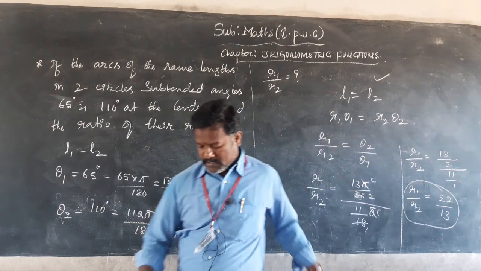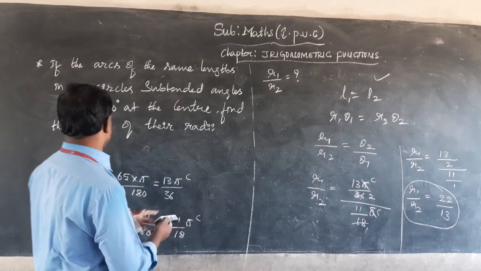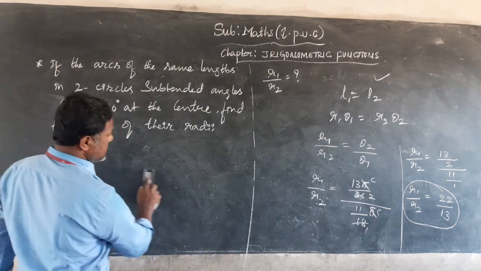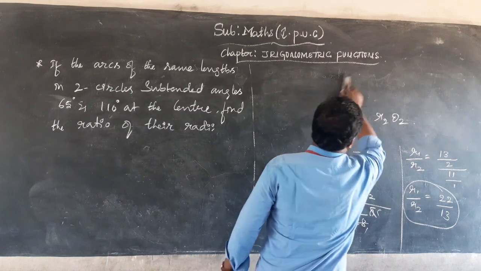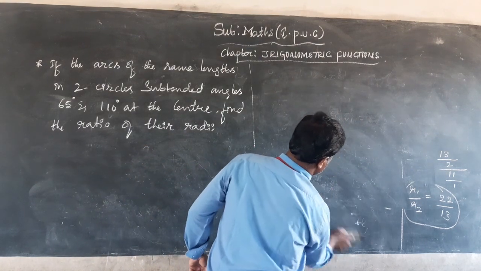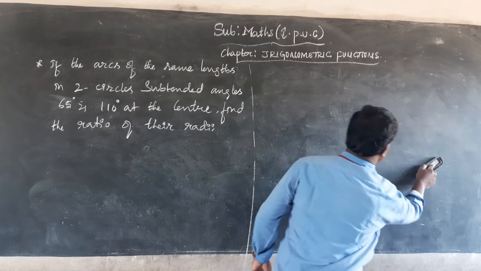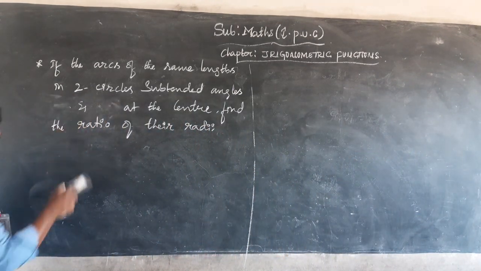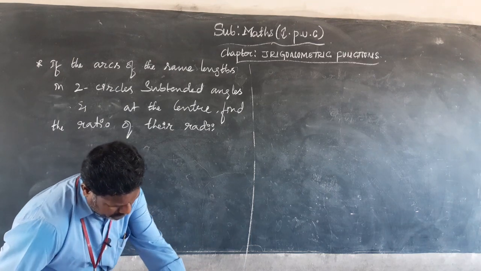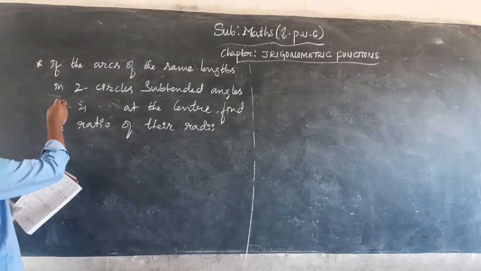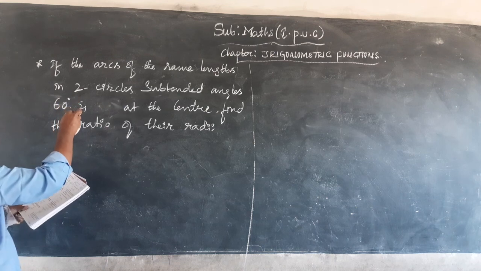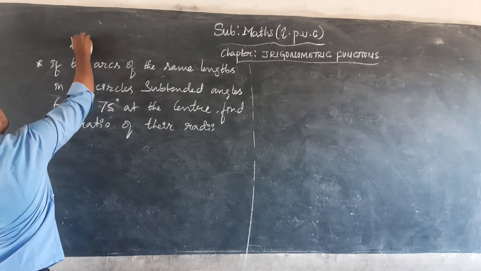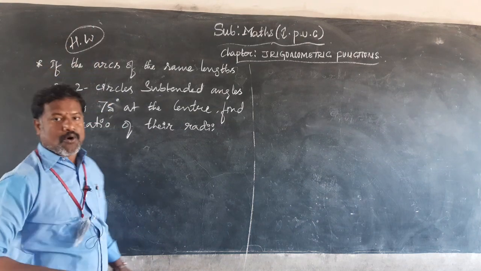Okay children, here I would like to give you another problem for homework. Same problem, I only changed the degree value. Instead of 65 degree and 110 degree, I will give you 60 degree and 75 degree. Let us take this problem as a homework problem.